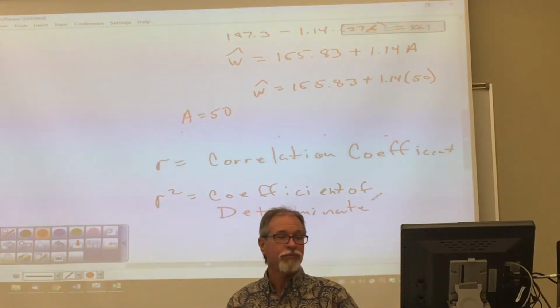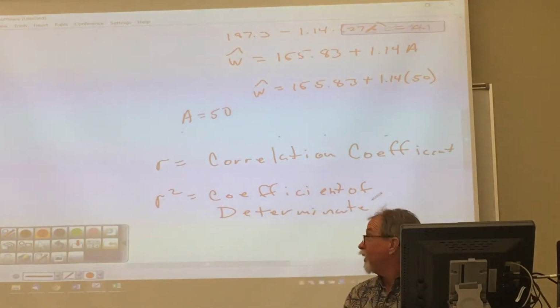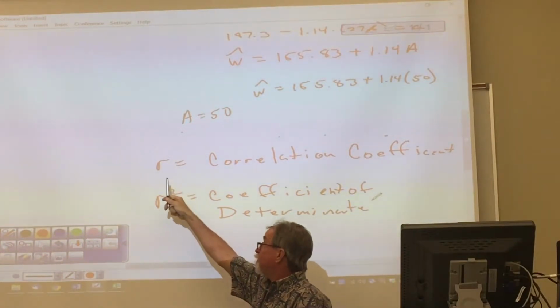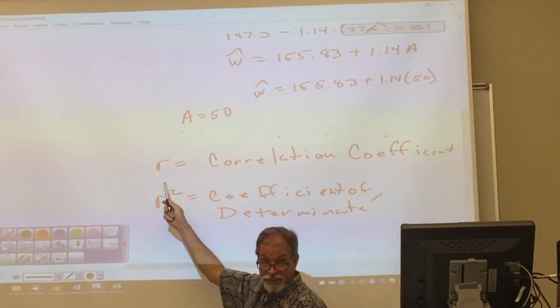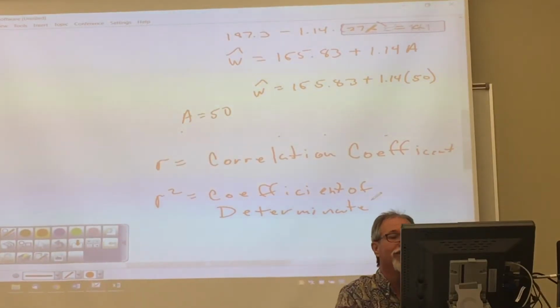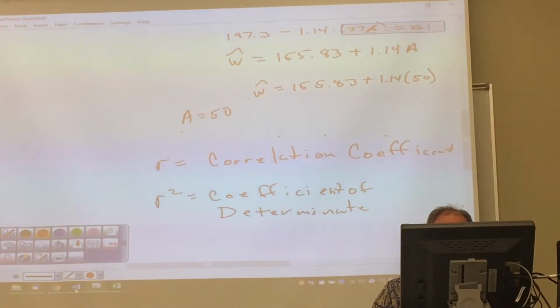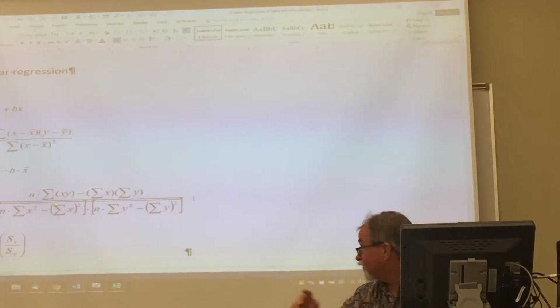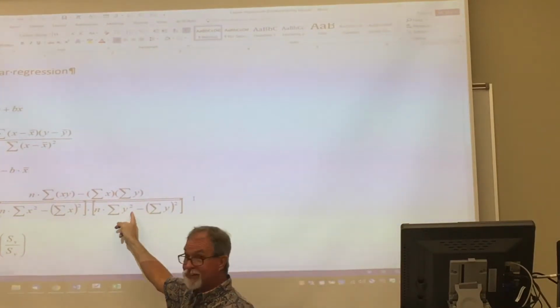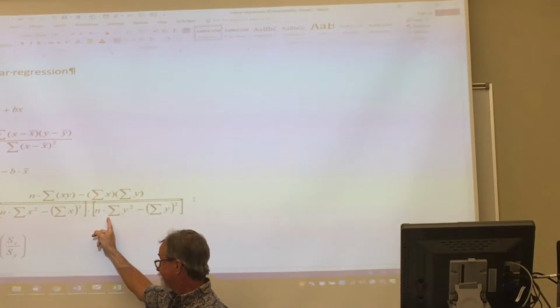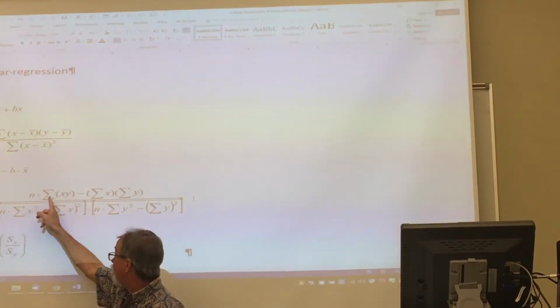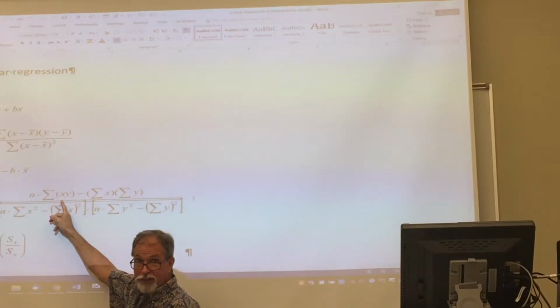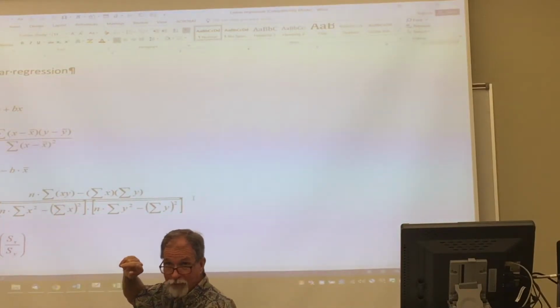Now, the formula for this looks really, really scary, like everything else we went through already. Here's the formula for that. It says to take the n, which is the count, times the sum of the x times y column.